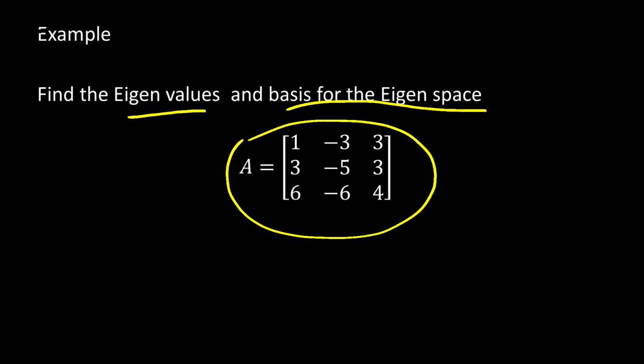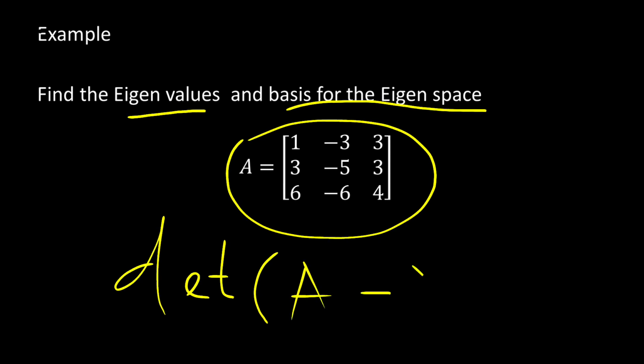So basically, what we need to do here is solve the equation, the determinant of A minus lambda I, equated to 0.